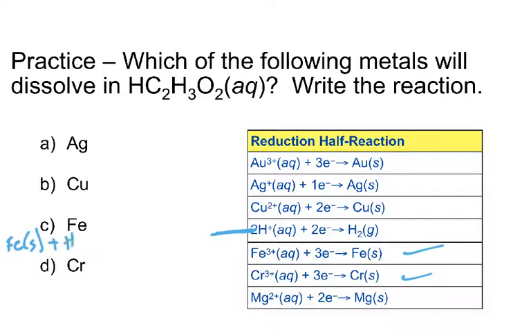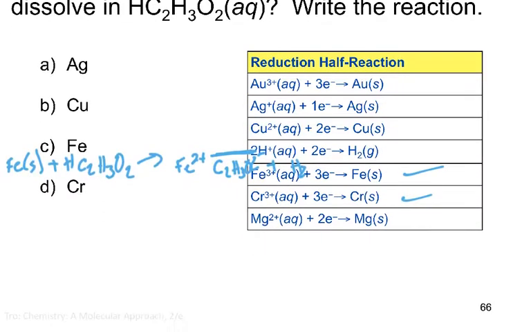plus HC2H3O2 goes to iron 2 plus C2H3O2 minus plus H2, and then you'd have to balance that reaction using the method we talked about.